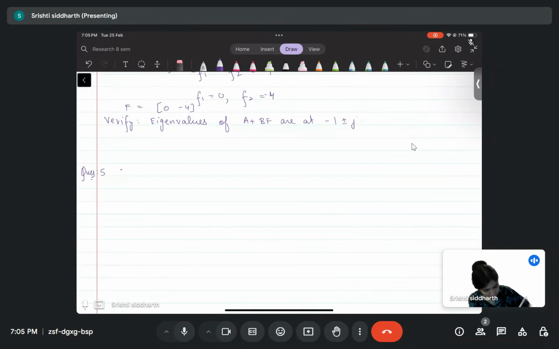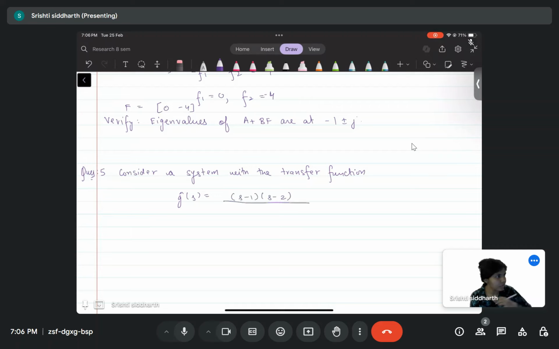Alright, so consider a system with a transfer function g hat of s equals (s minus 1)(s minus 2) over (s plus 1)(s minus 2)(s plus 3).